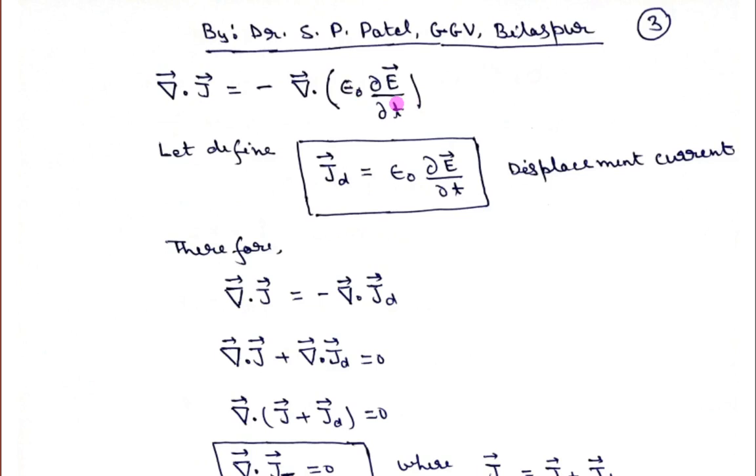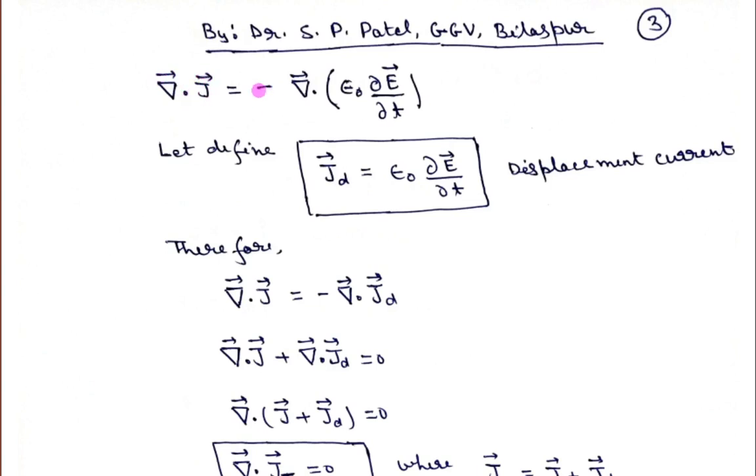Maxwell found that divergence of J is the net outward flow of current from a given volume. The divergence tells us the net flux flowing outward, and the flux of what? Flux of current. So the net current flowing outward is the current density.